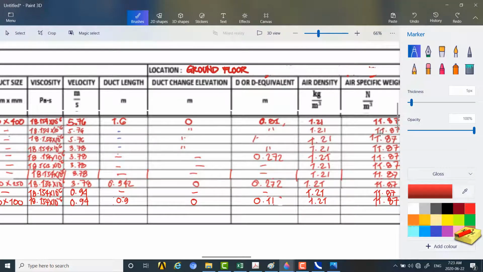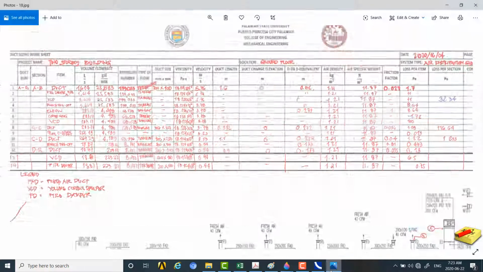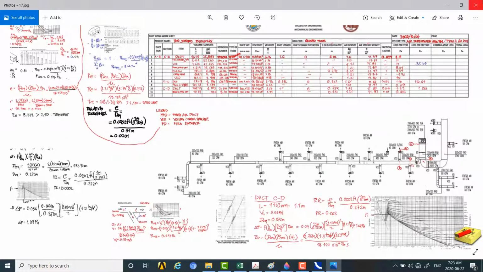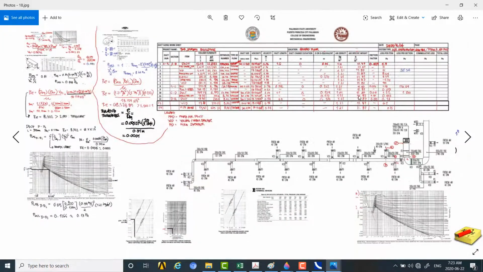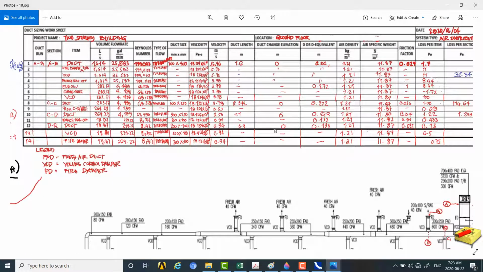So this is 133. So same density. Then we have your friction factor, so we can use that one also. So the friction factor from that part will be 0.035. Okay.